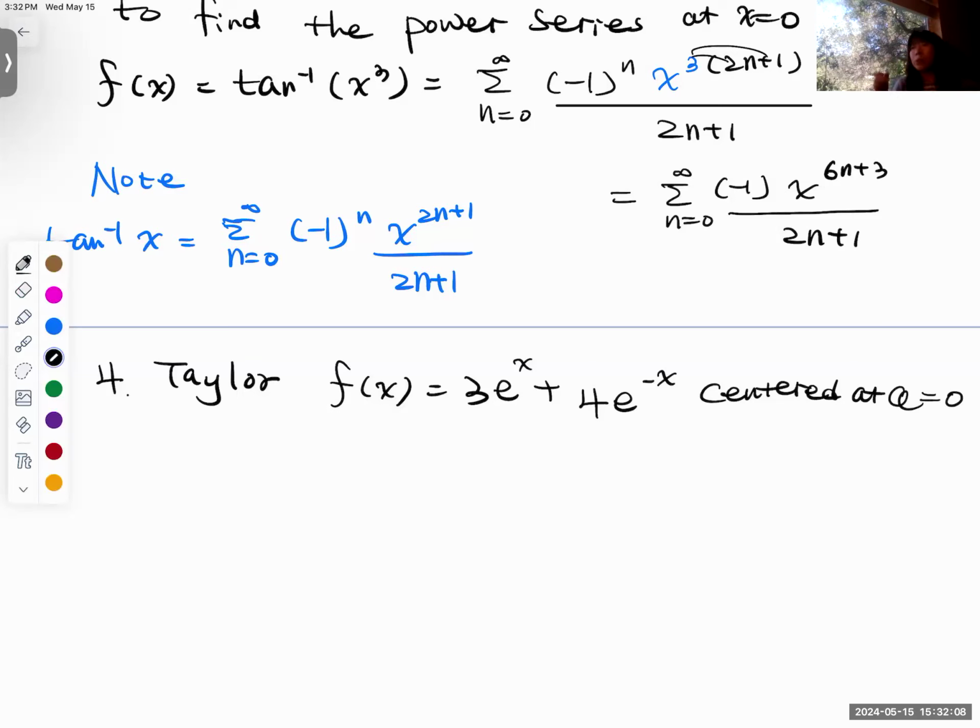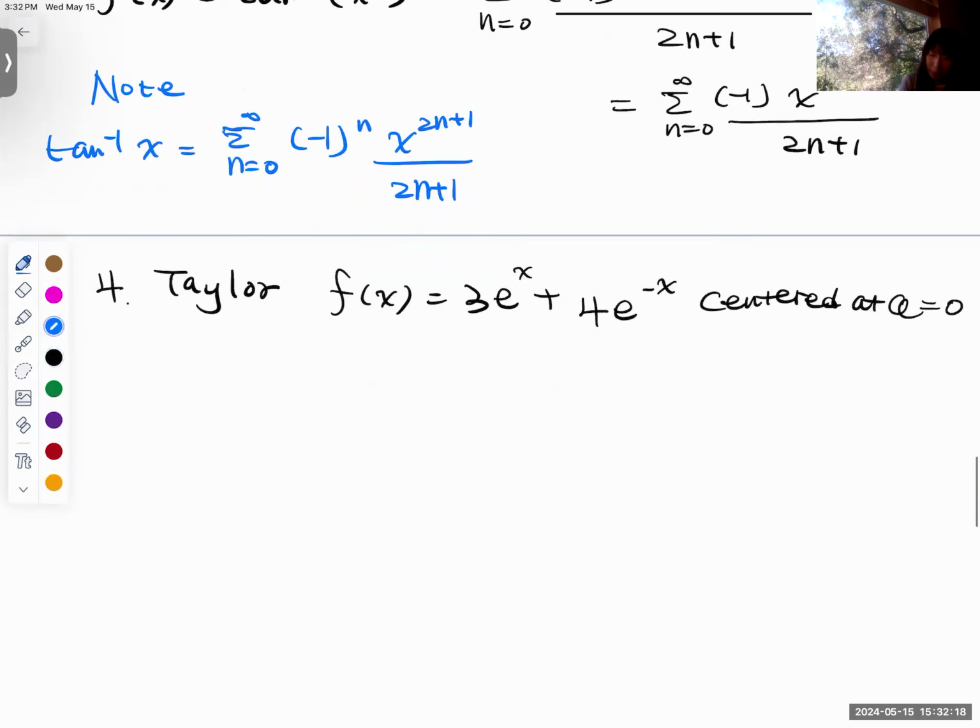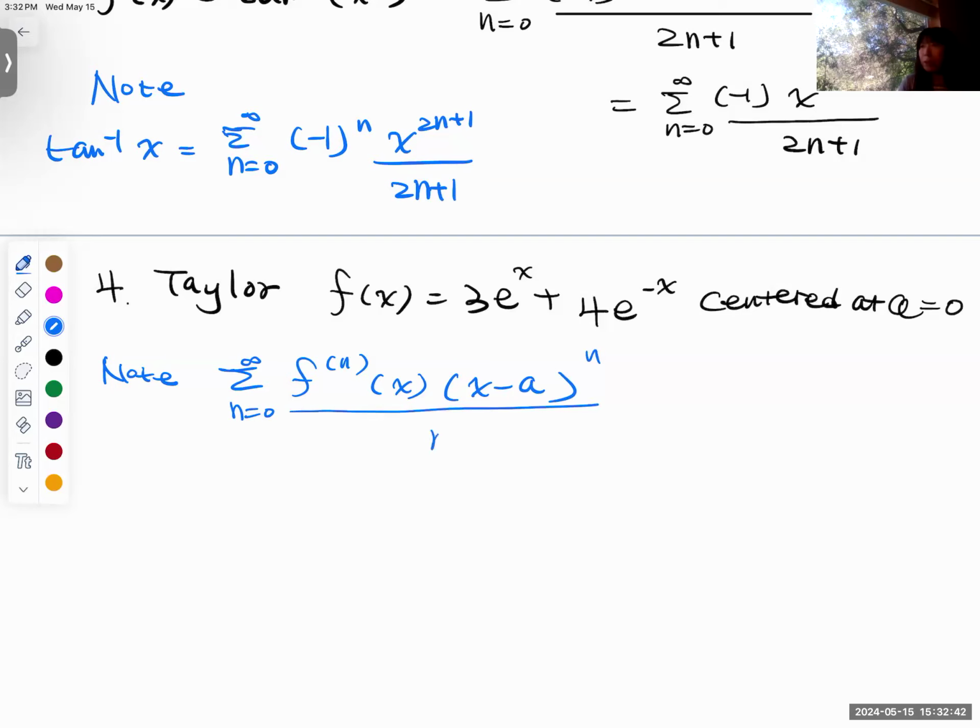Okay, so the formula is the summation n starting from 0 to positive infinity of f to the n of a, times x minus a to the n, all over n factorial.